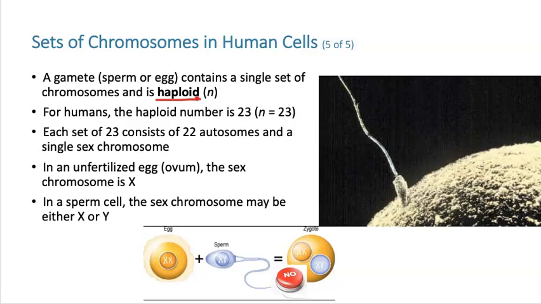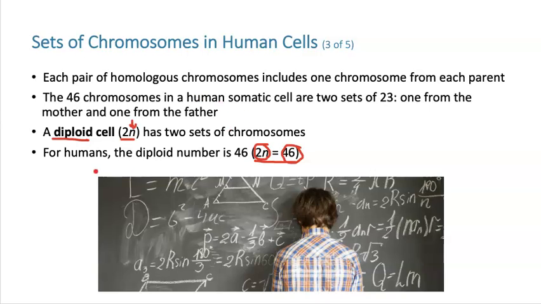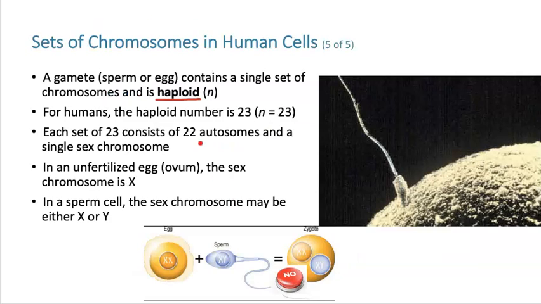We've been using the word diploid before when we were talking about having 2 sets of chromosomes. And now we're using the term haploid, and the mathematical term here is N, to describe having half the number of chromosomes, or a single set of chromosomes. For humans, the haploid number is 23, so we would say N is equal to 23.